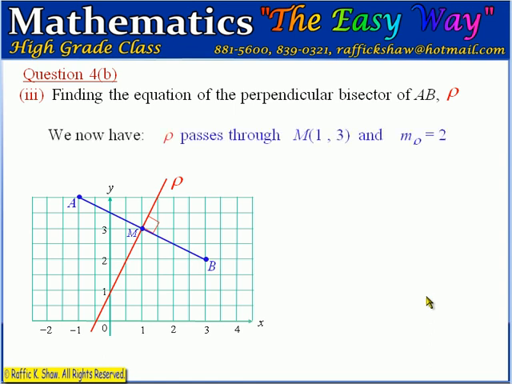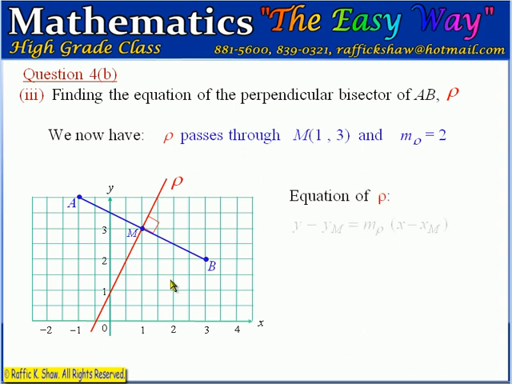And this is it. We are trying to find this line. And this line passes through this point, 1, 3, and has a gradient of 2. Now that we have a point on the line that we want, and also the gradient, we can use the point gradient formula to calculate the equation of this line, the perpendicular bisector of AB.